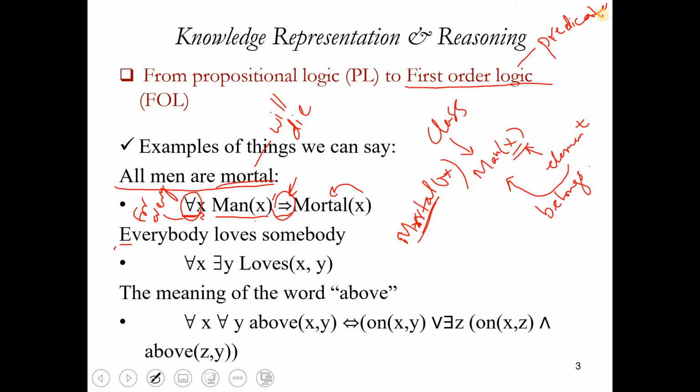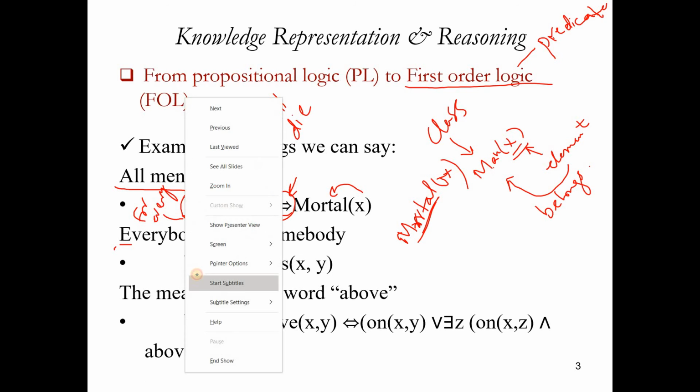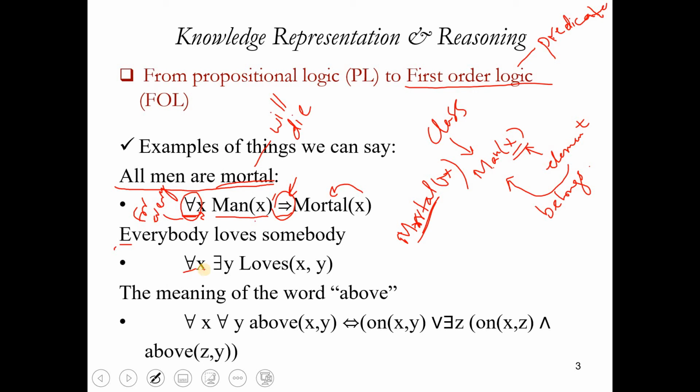So everybody, we will define it by this: for every x. There is this symbol, for every. Now I introduce another symbol. It is called for some.